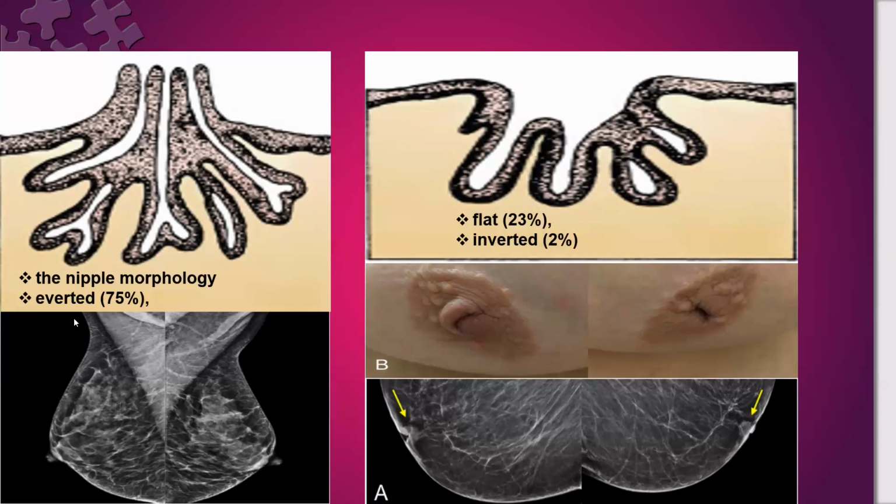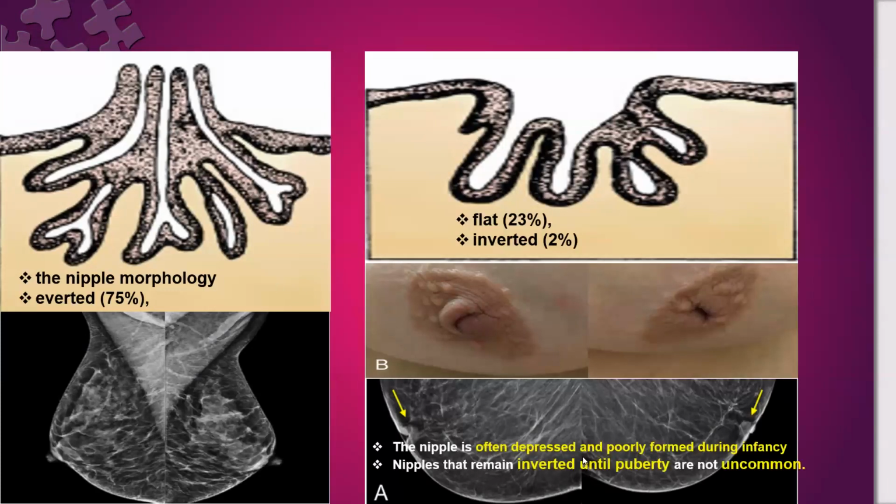But the majority, 75%, the nipple morphology is normally everted. And especially if the baby is premature, you expect the nipple to be inverted or not well developed.